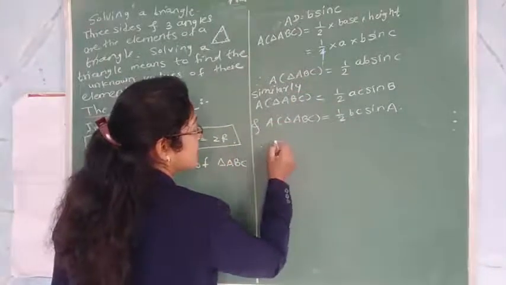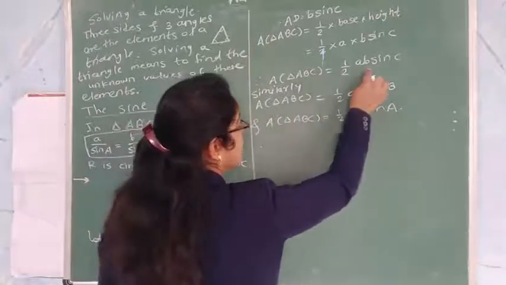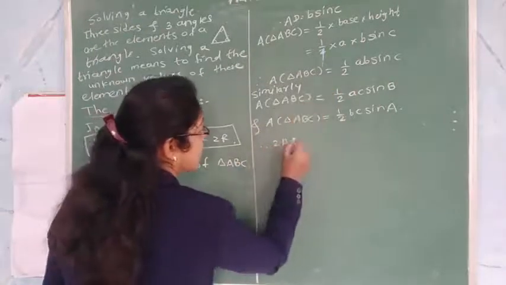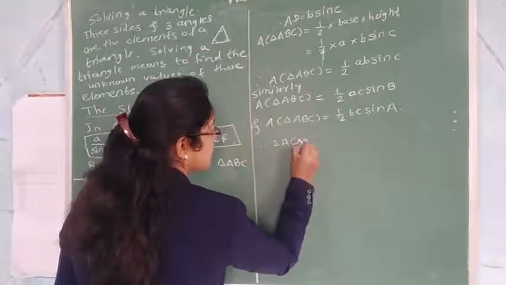So we can write this equation as 2 times the area of triangle ABC.